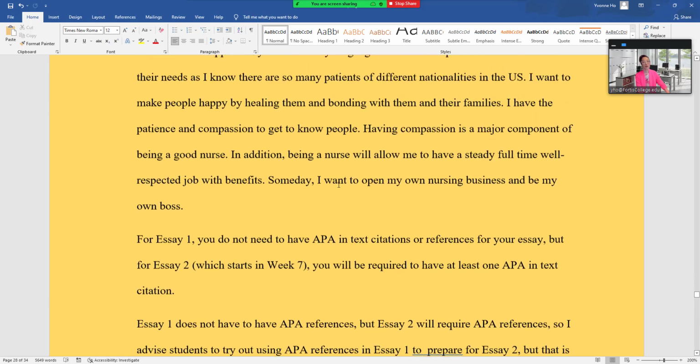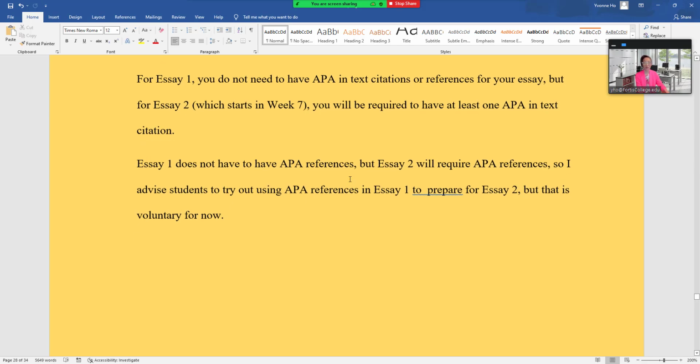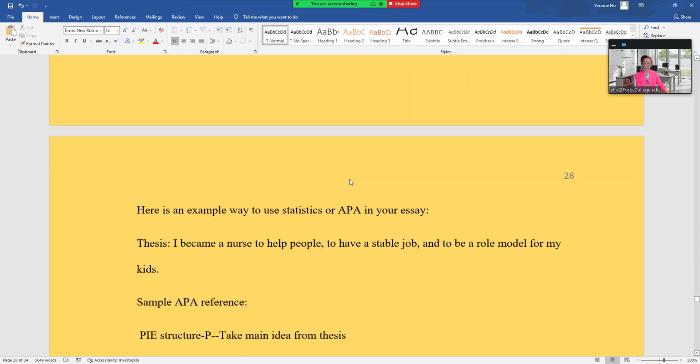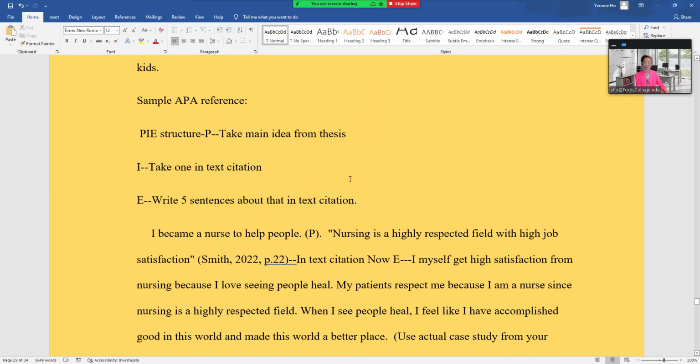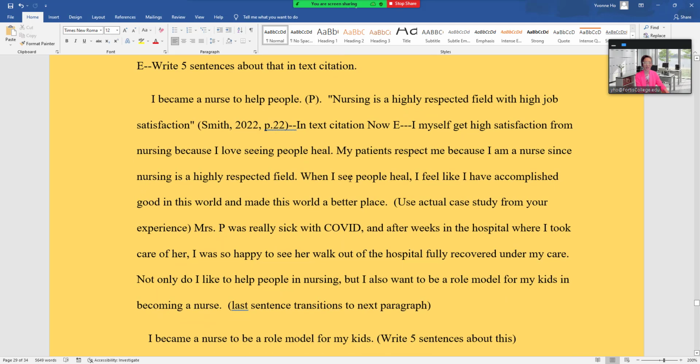And so for essay 1, you don't need to have APA in-text citations. That's up to you to practice. But your essay 2, you'll be required to have one in-text citation and one reference, at least one APA reference. But for essay 1, it's voluntary.